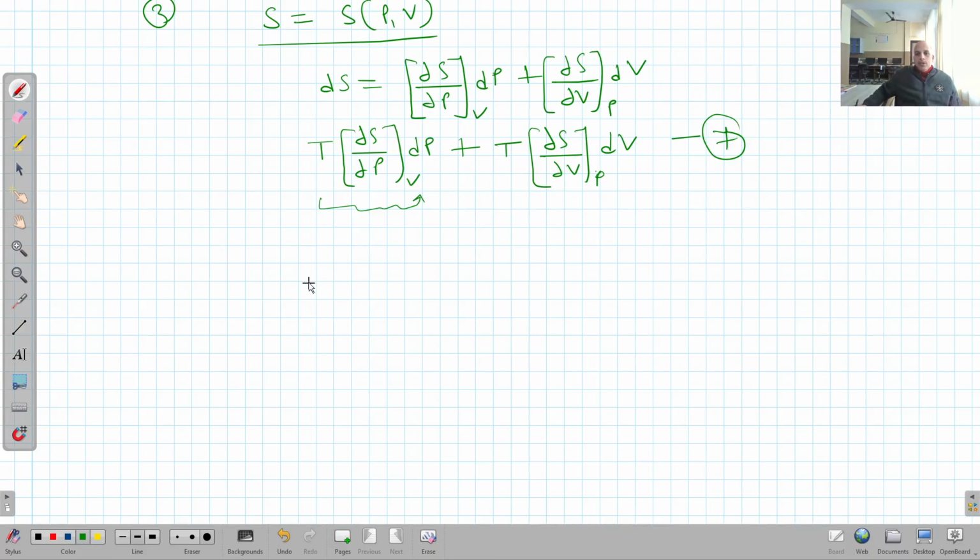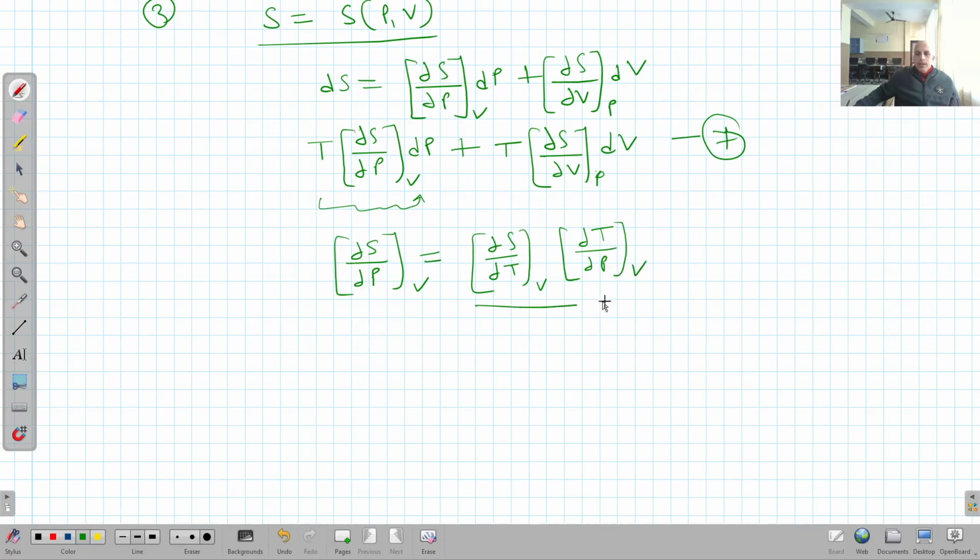So we have to convert these terms into other terms, right? So for it, I can write curly S upon curly P at constant V is equal to curly S upon curly T at constant V into curly T upon curly P at constant V.